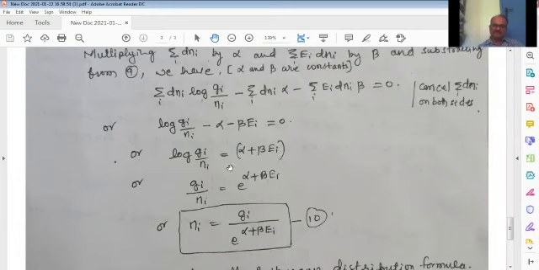Therefore Gi by Ni is equal to e to the power alpha plus beta into Ei.